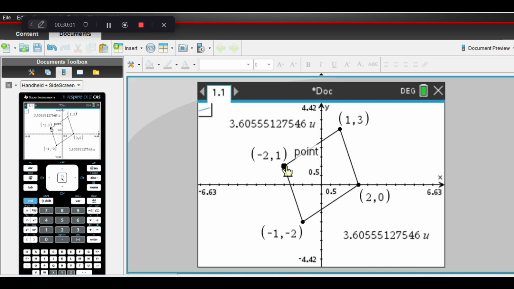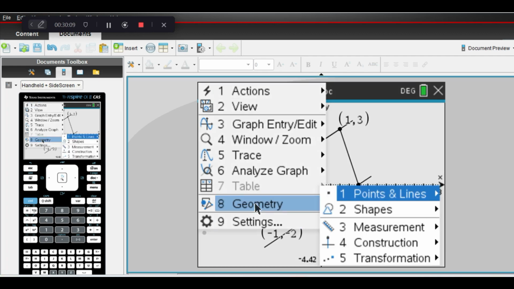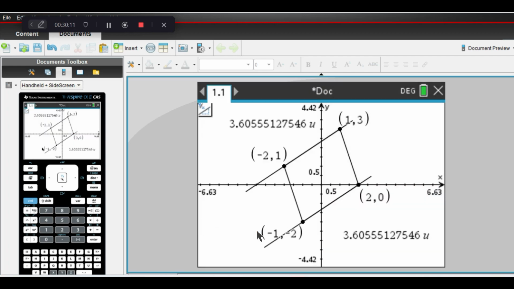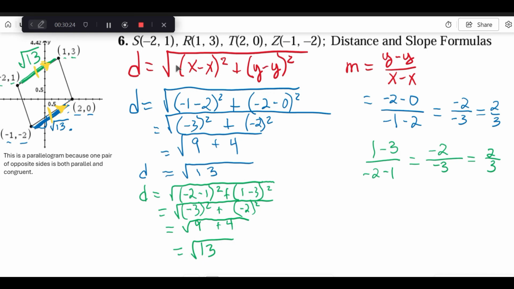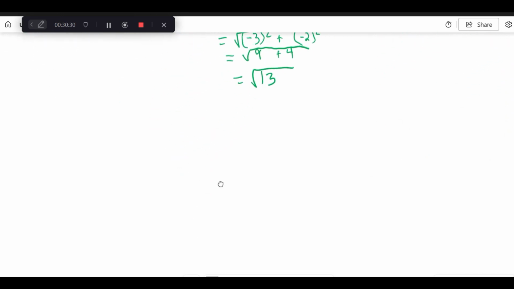So if I draw a line through these endpoints and a line through these endpoints, then I can use my geometry, measure the slope tool, and I can see, hey, there's 2/3, and this is also 2/3. So there's my confirmation. I did the slope formula by hand, but I also checked it on the calculator to make sure I didn't have any mistakes there.